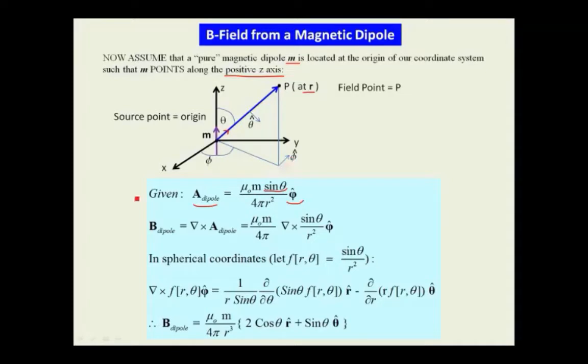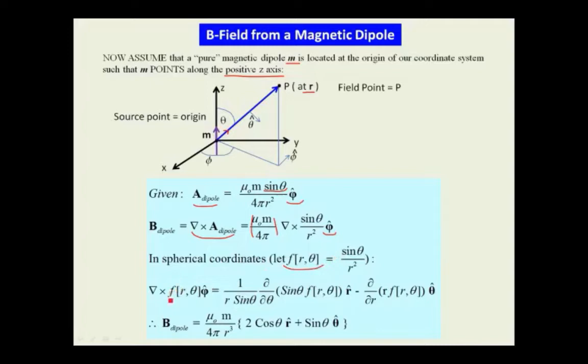Well, that really simplifies our calculation of B, because we're just going to take the curl of A, and A is simple, so first of all we separate out the constants here, and then we just have a single term in the curl, which is given by sine theta over r squared, and it's operating on this component here. It's easiest to do this curl in spherical coordinates, so I'm just going to call this f of r and theta just to show you how to get started.